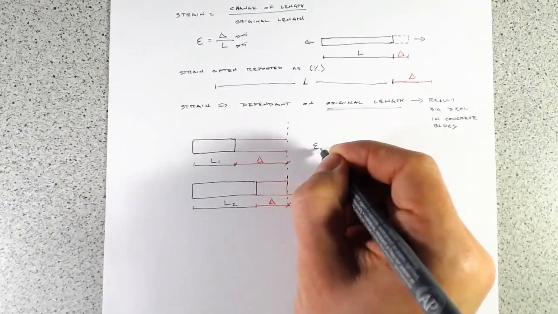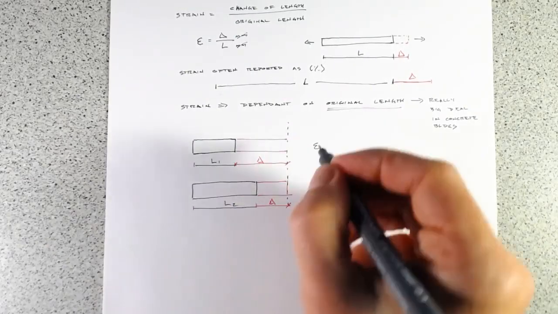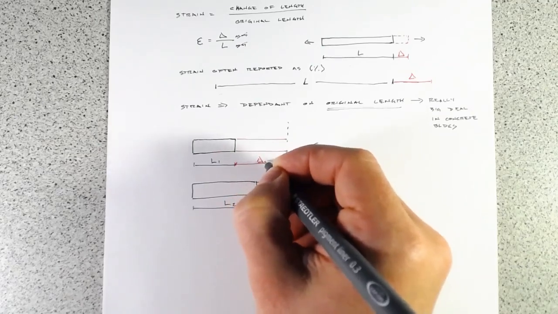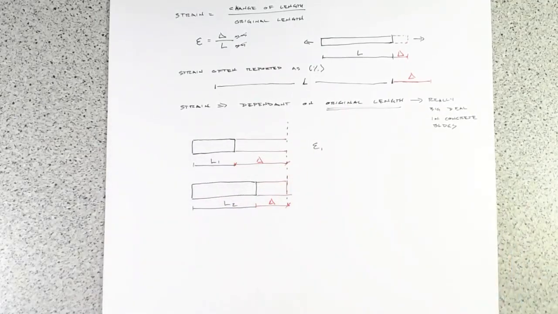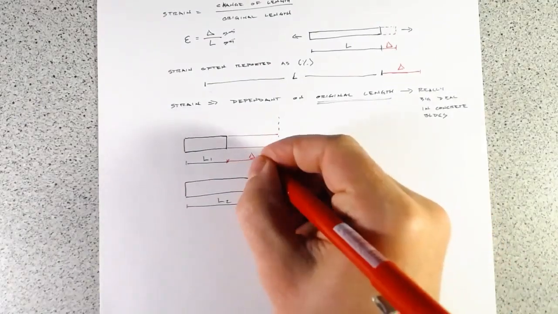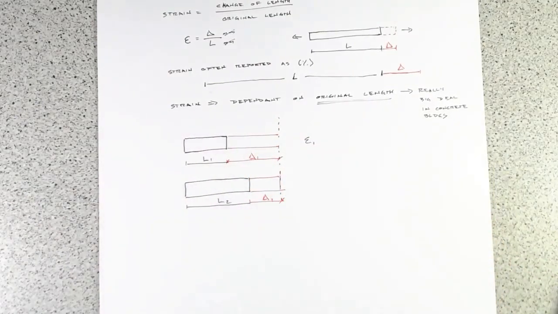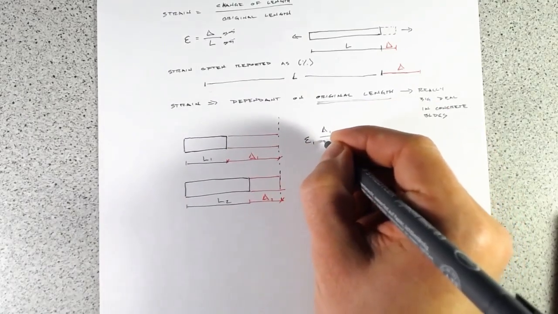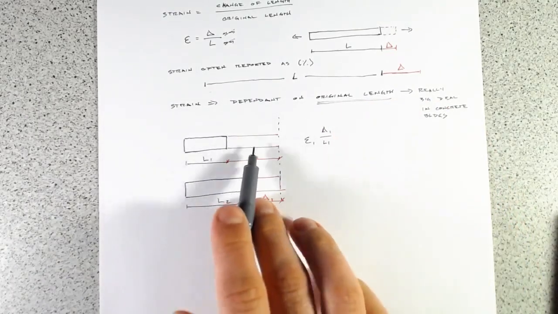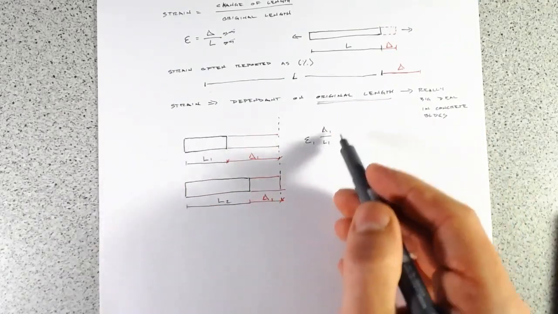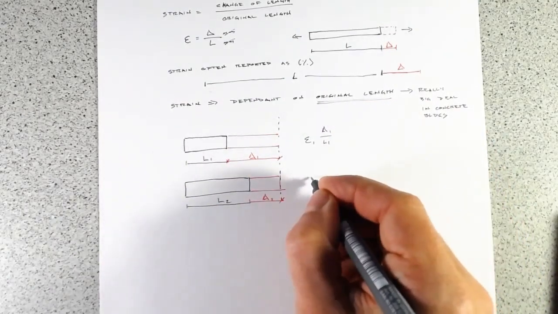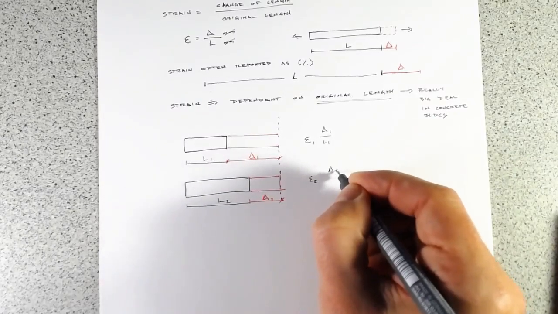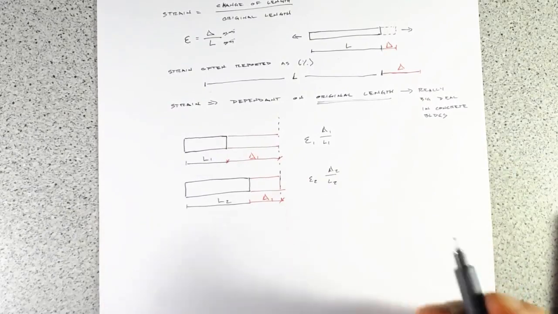So strain in L1 is going to be simply delta 1 over L1, and strain in L2 is going to be delta 2 over L2. Huge delta, small L, strain's going to go up. Now if we have strain 2, it's just going to be delta 2 over L2.